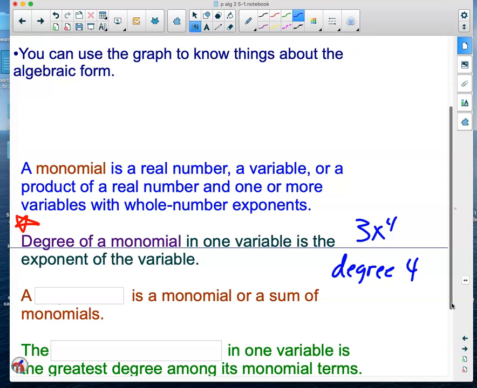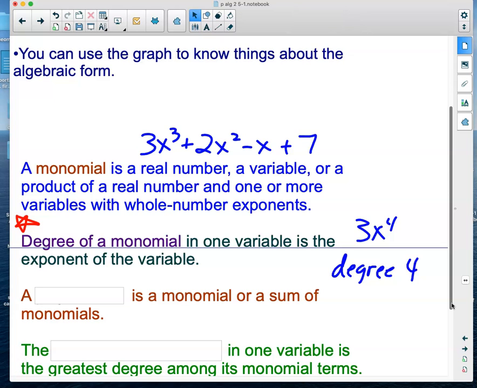Now, if we have one that has a string of them, then what do we say about the degree? Because this just said for a monomial, for one term all by itself. But we can actually for any polynomial, find the degree by finding the highest power of all of the x's.